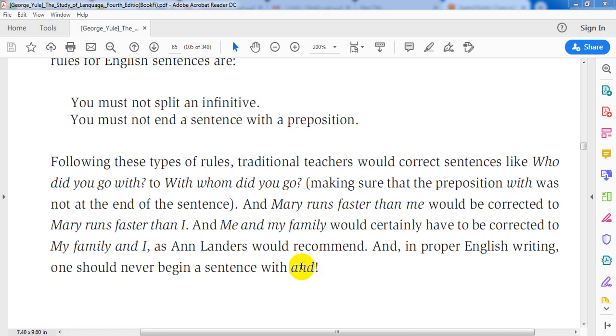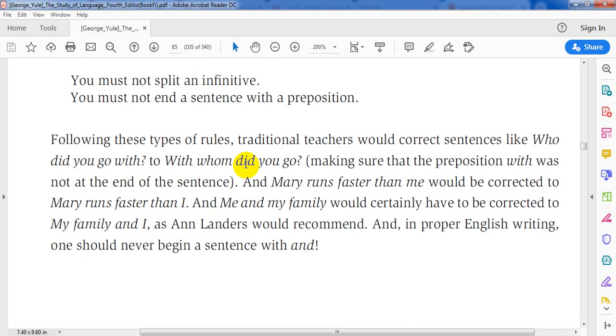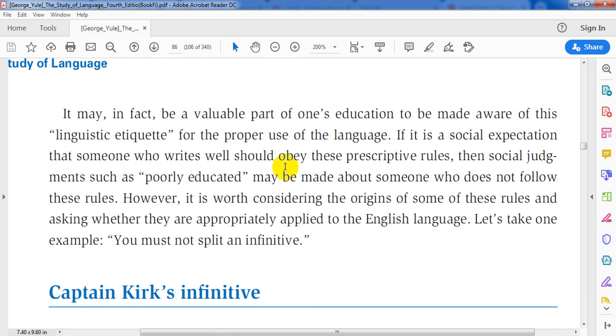But now in most recent written works of English, we can see "and" at the beginning of sentences.